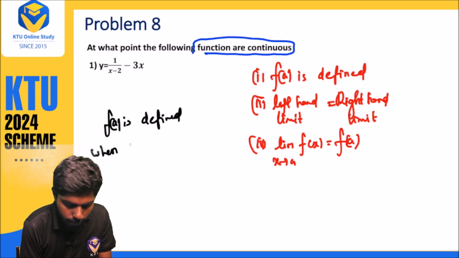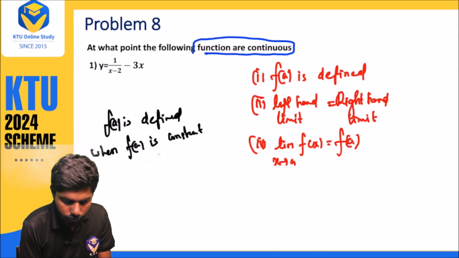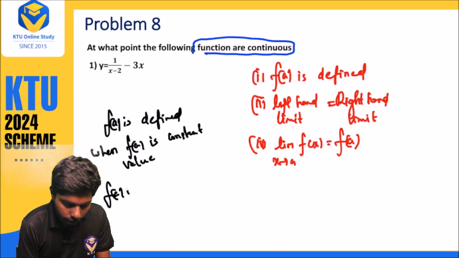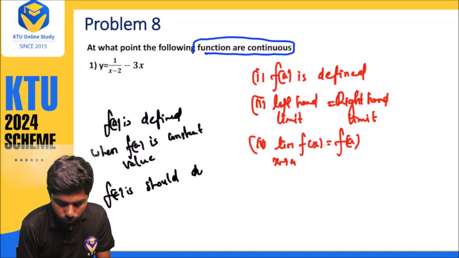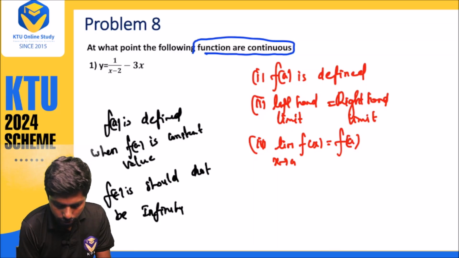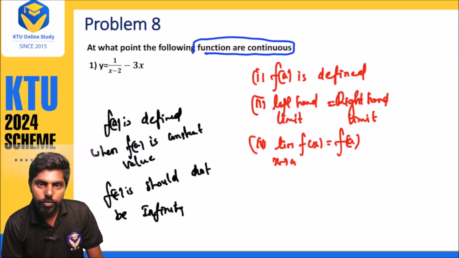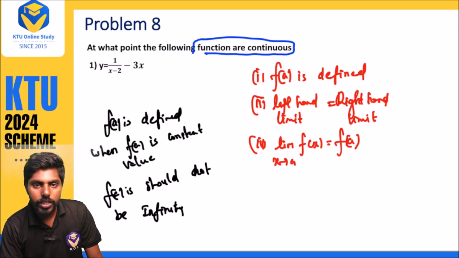When f of a is a constant value, that is, f of a should not be infinite. That is what you want to check here. If you find a particular point gives infinity, then that point is called a discontinuity point.